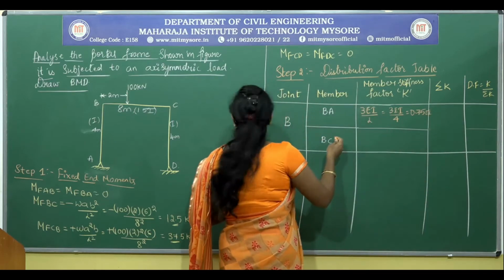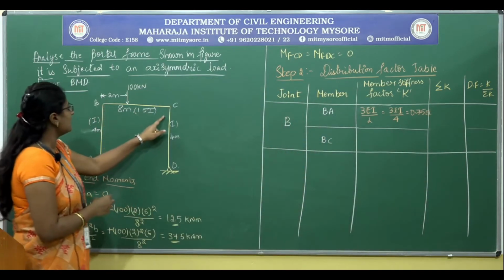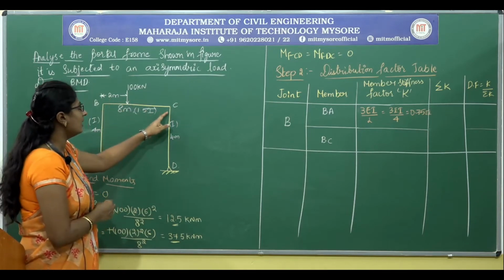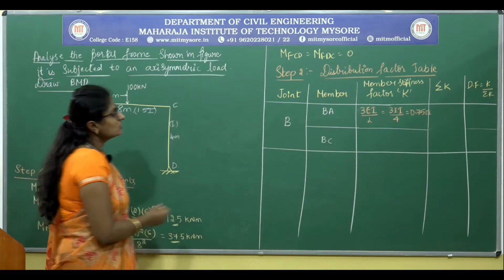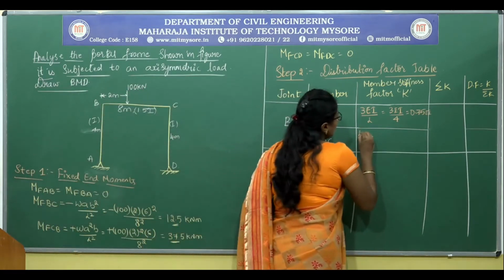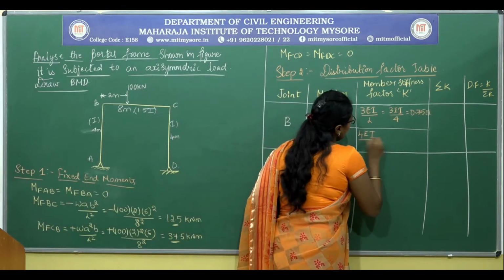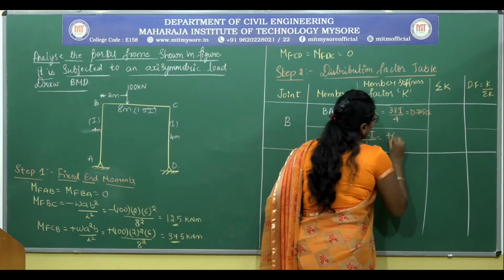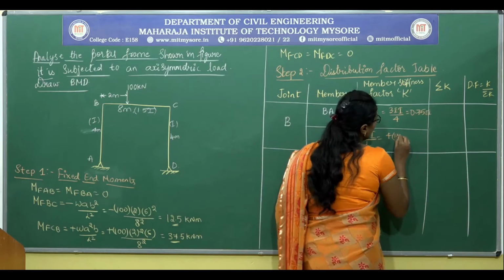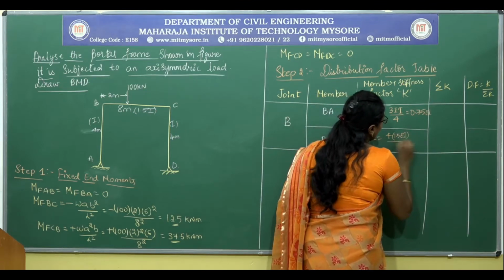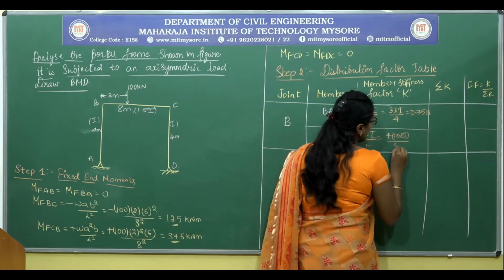Then for span BC, B is the near end, C is the far end. Since we consider the far end C as fixed, the stiffness is equal to 4 EI by L, 4 into 1.5 EI divided by length 8.